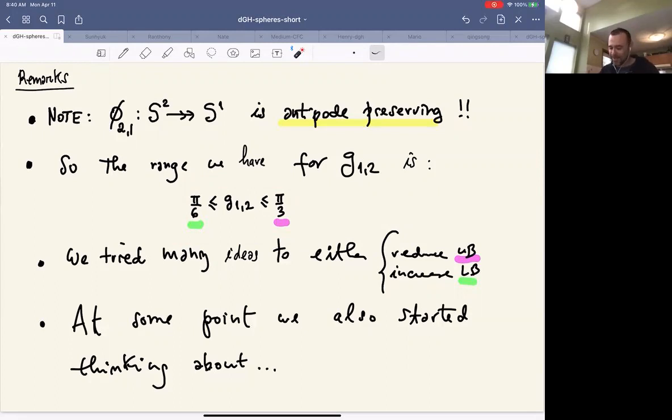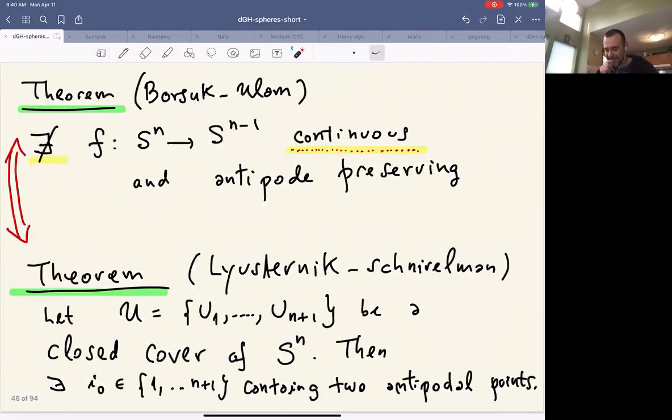And at some point, we went back to what Tigran said. My friend Tigran has said, well, think about Borsuk-Ulam. But then Borsuk-Ulam really didn't seem to give anything interesting, right? I mean, it just tells me that I cannot find a continuous antipode preserving map from Sn to Sn-1.